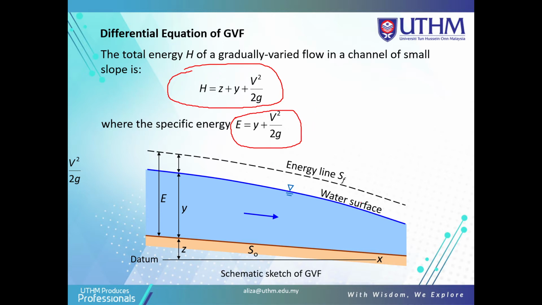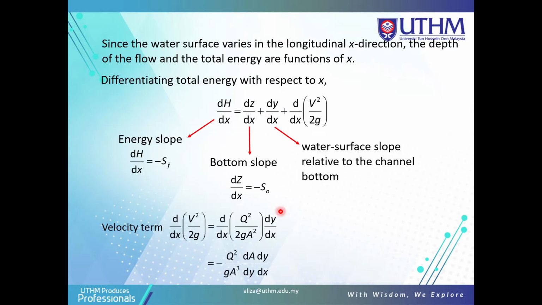So this is the schematic sketch of GVF, showing the specific energy E, the flow depth Y, the energy line and the water surface. Since the water surface varies in the longitudinal x direction, the depth of flow and the total energy are functions of x. No need to worry about this one.